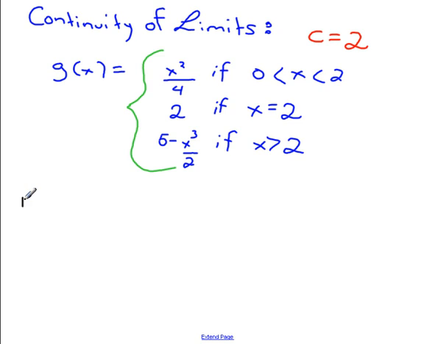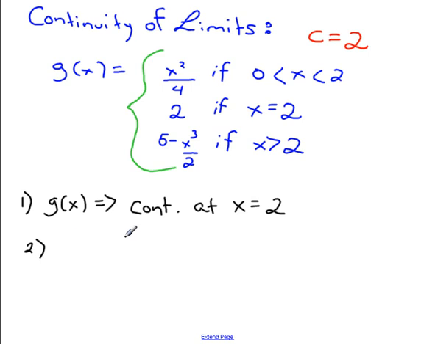So the first thing we have to do is look at the middle part. It says that g of x is continuous at x equals 2. That's a very important point to note, so let's keep that in mind.